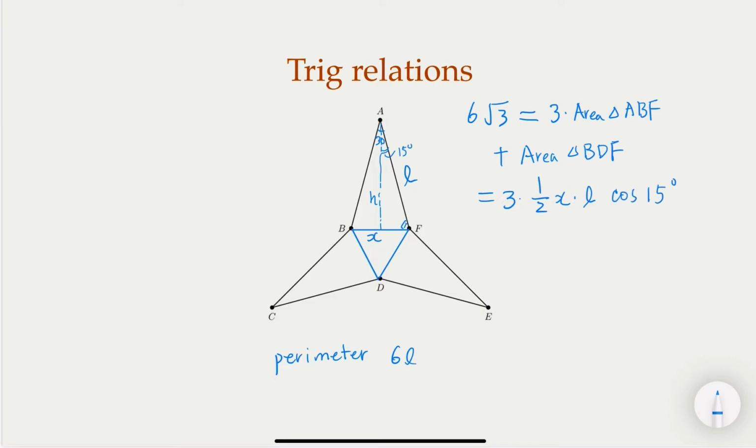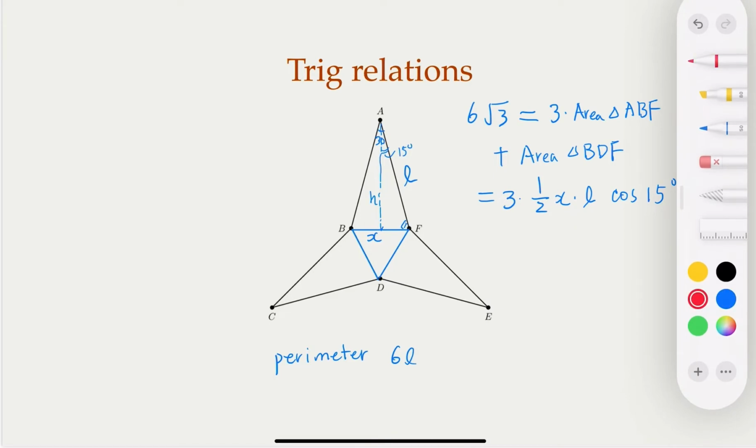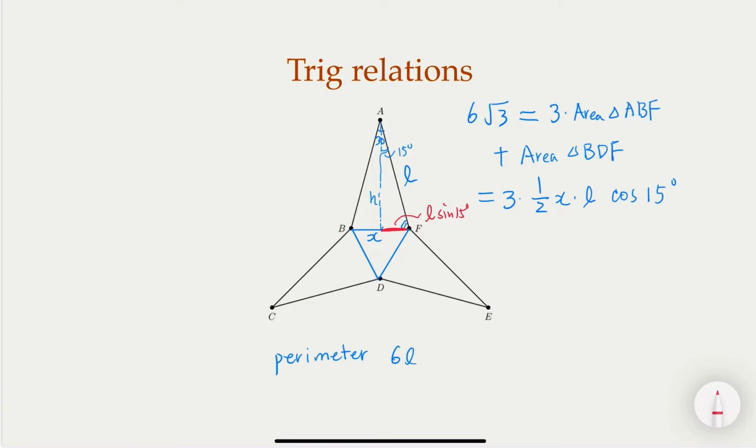And you may ask, what is X, what is the relationship for X? X here is going to be twice this segment here. Let's mark it. This segment is L sine 15 degrees, and X is twice of that. So X equals 2L sine 15 degrees.